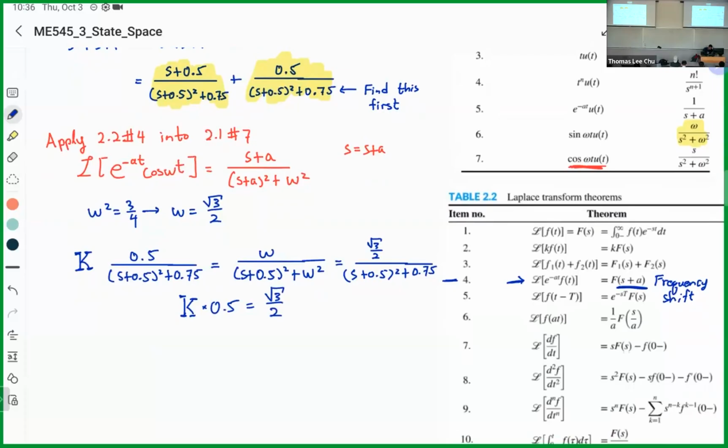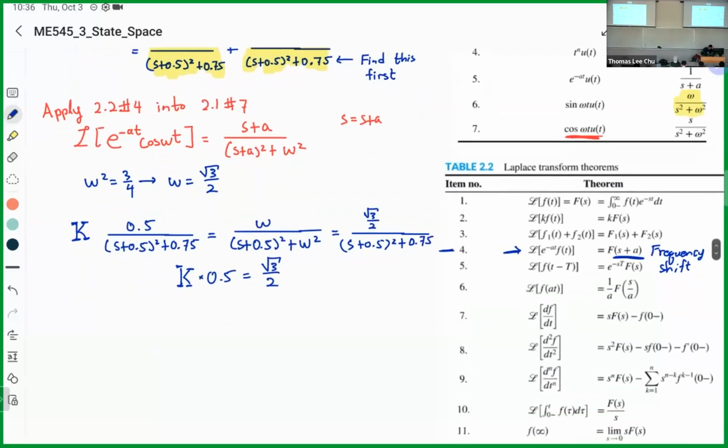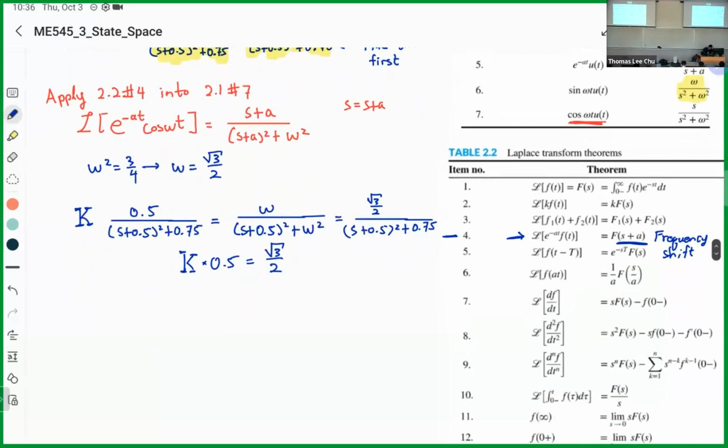I'm just checking my work here. Yep. Actually, sorry, I approached this the wrong way.